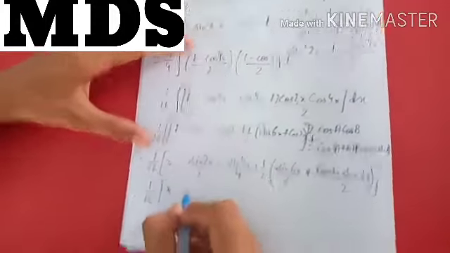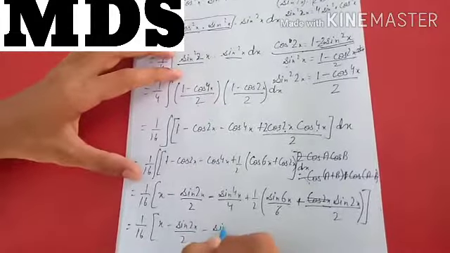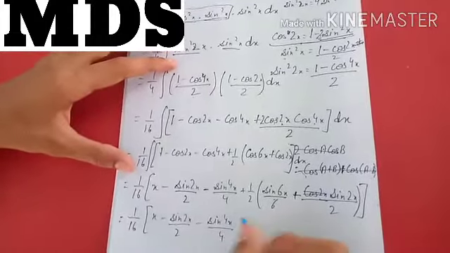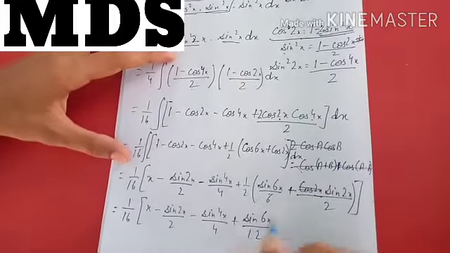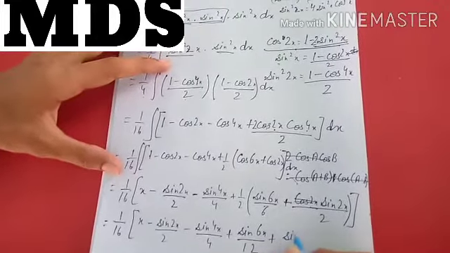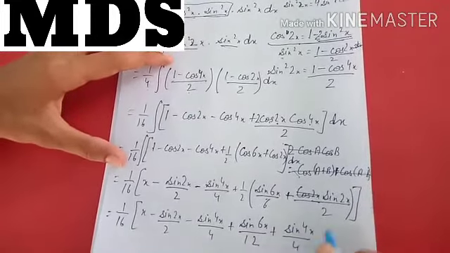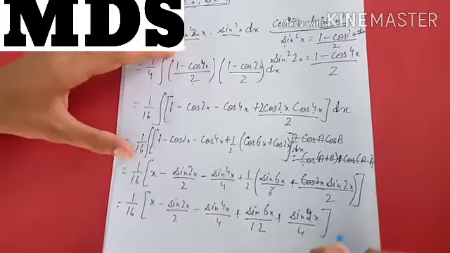It will be x minus sin 2x by 2 minus sin 4x by 4 plus sin 6x by 12 plus sin 2x by 4.